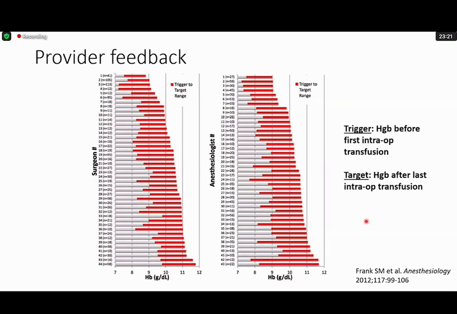And the idea there is to give a little bit of friendly peer pressure to convince surgeons: well, my peers, the people who do the same surgeries I do, are more restrictive and they're having just as good outcomes, so maybe I should try to move up on this list. Conceptually a nice thing to do to nudge people in the right direction.